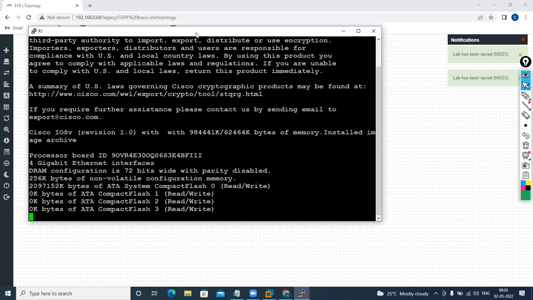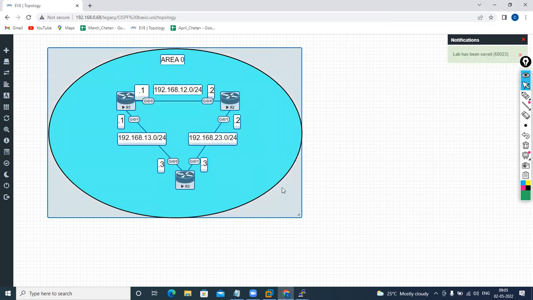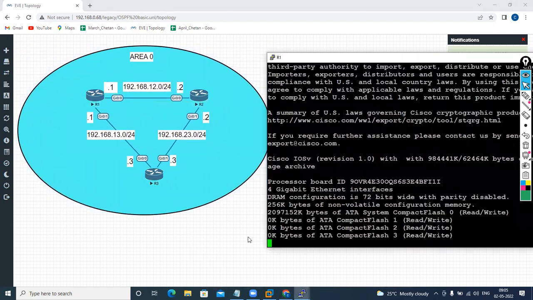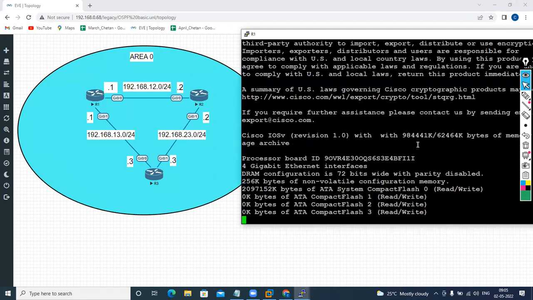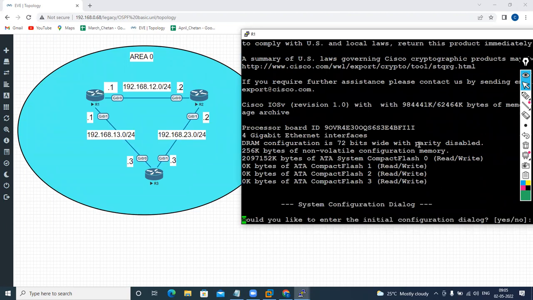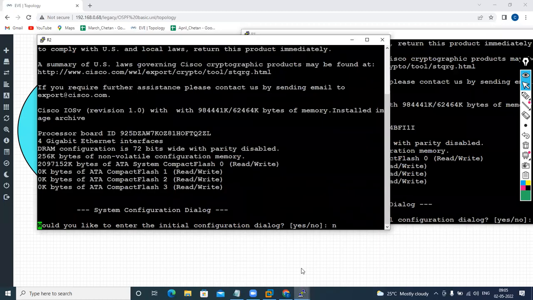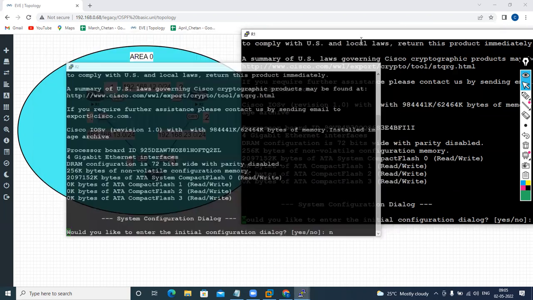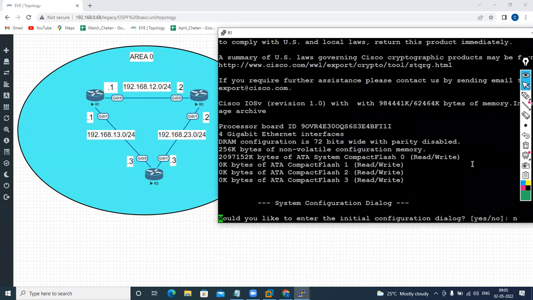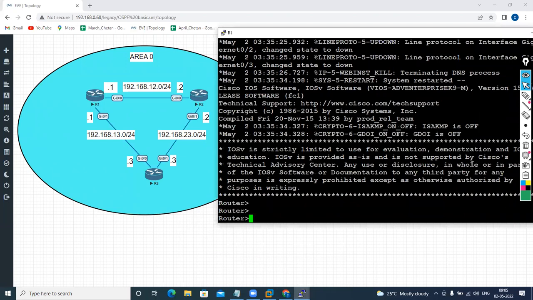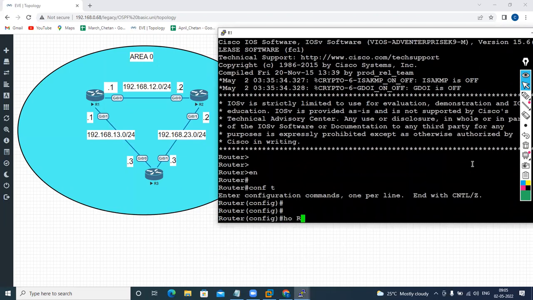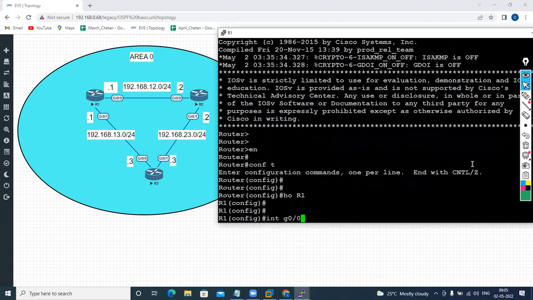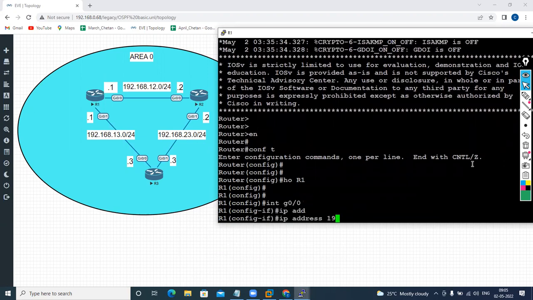Okay. Next. Interface 0/0. IP address will be 192.168.12.1/24.